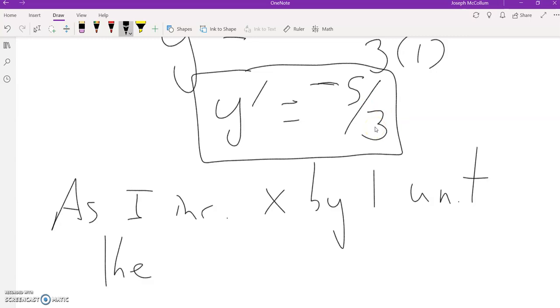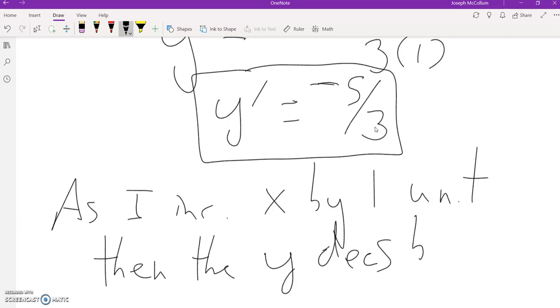Then, in this case, I'm going to have to say decrease because it's negative, then the y decreases by 5/3.